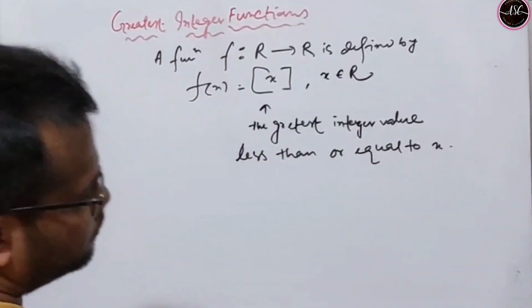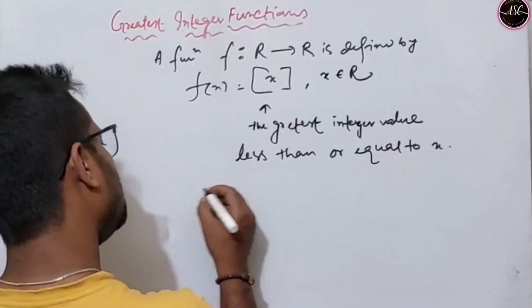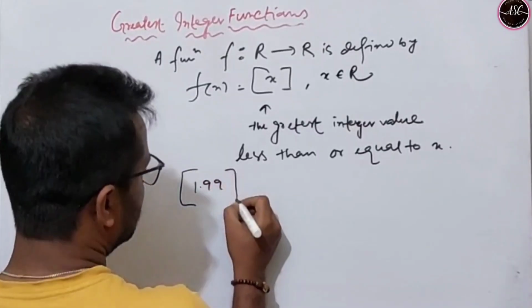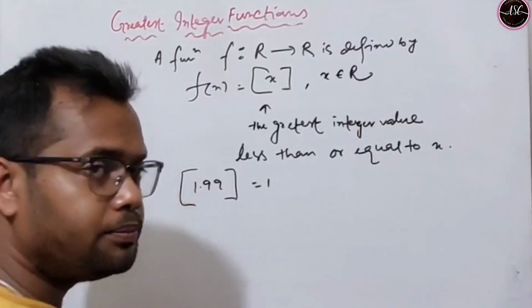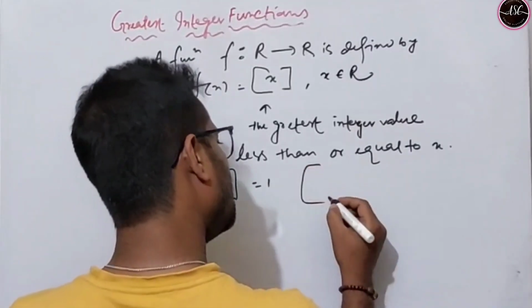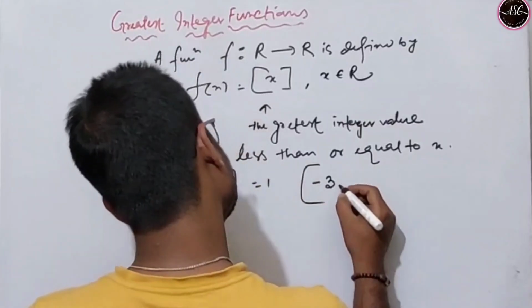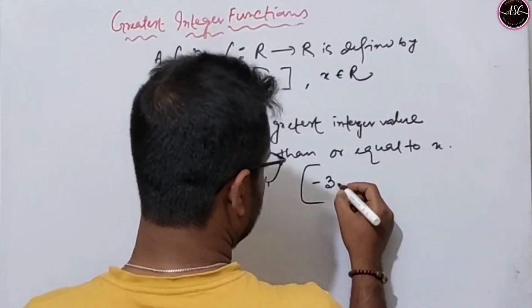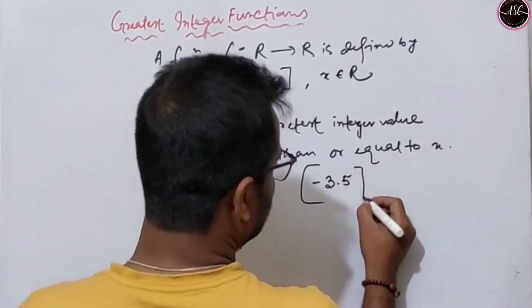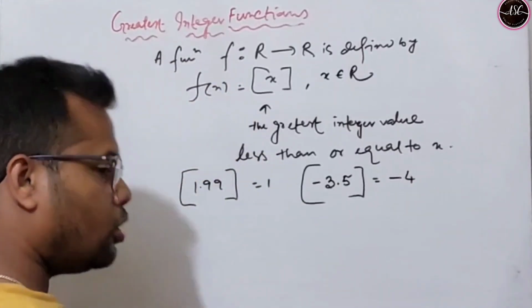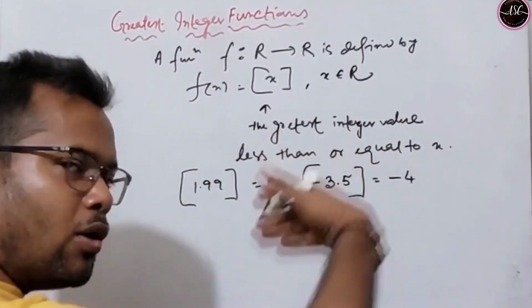Suppose if we have 1.99, then the greatest integer value will be 1. If we have minus 3.5, then the greatest integer value will be minus 4. Okay, so the value will be downward.